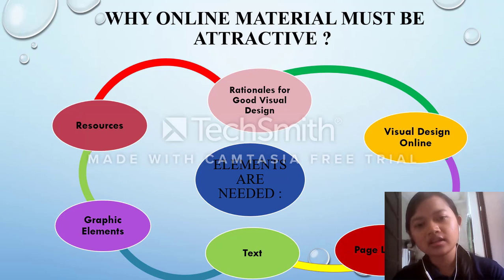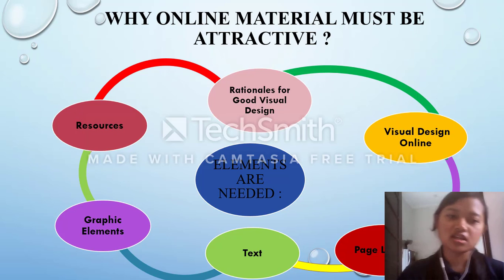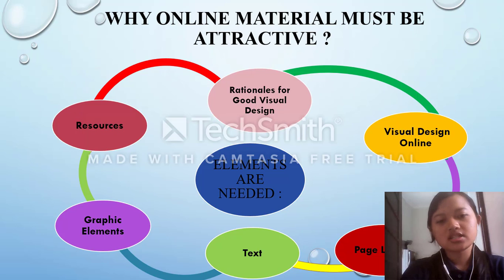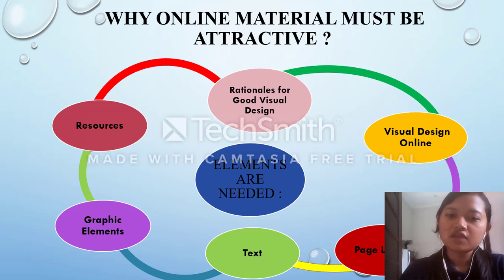Because it is online, this text replaces speaking through media that are considered visual. And the next is page layout. Page layout is uncluttered and open. Open means that there is enough white space on the page to keep the mind clear. Enough white space gives the reader a visual break.